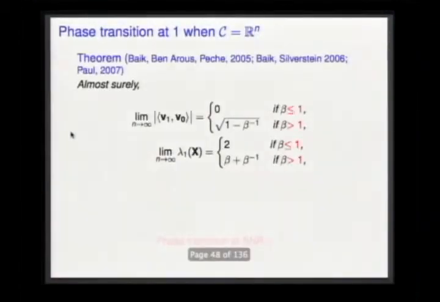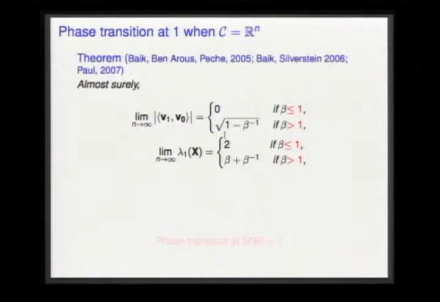So here is the theorem. The theorem was proved using various tools in many papers; I don't have the space to cite all the papers that discuss it, but this is a bunch of those. The theorem not only gives the value of lambda 1, the value of the first eigenvalue of the spiked covariance matrix, of the spiked matrix, but also gives the value of the inner product of V1, the leading eigenvector, with the truth V0.